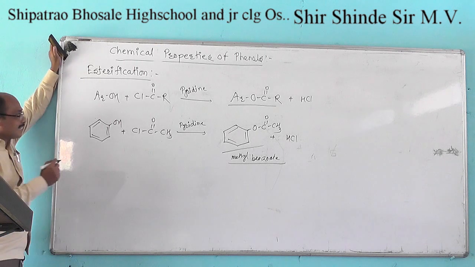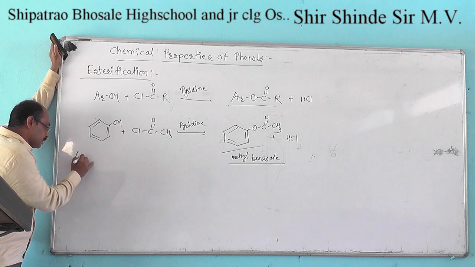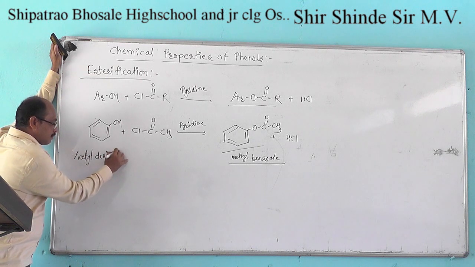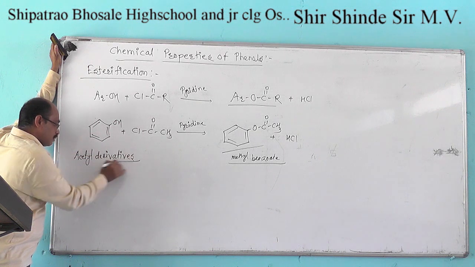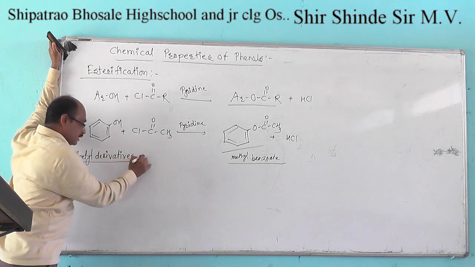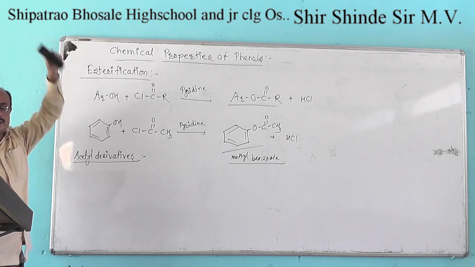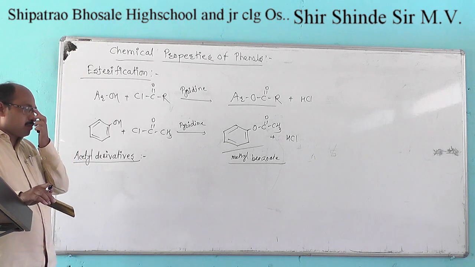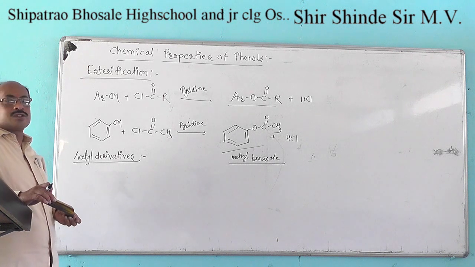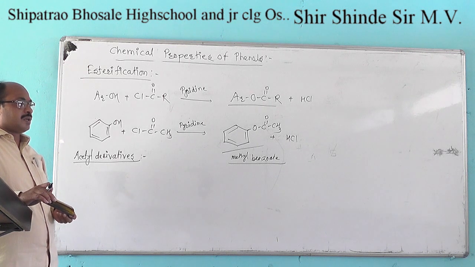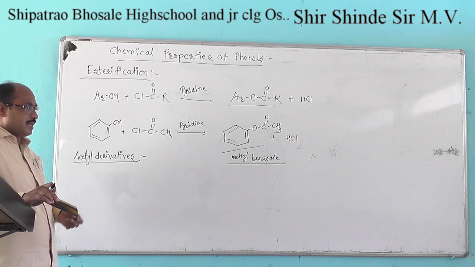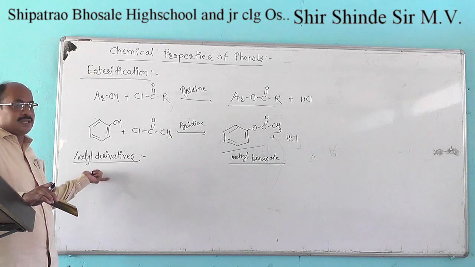Now, the acetyl derivatives of phenols. Substituted phenol compounds are those compounds which have the presence of phenolic OH group. How many phenolic OH groups are present in that compound is identified by using these reactions.